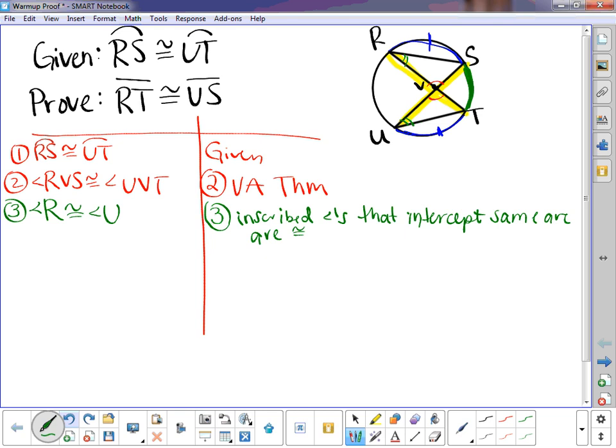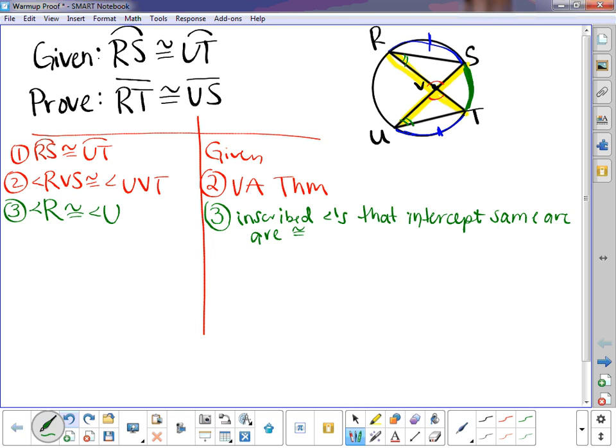Okay, so now I have 2 sets of angles. I need still something else to show the congruent triangles. What can we say? So angle S and angle T are congruent to the same thing? Yeah, so we could say angle S and angle T are congruent by the same reason, but that still only gets me 3 angles. I still need something else for them to be congruent. Lucy?